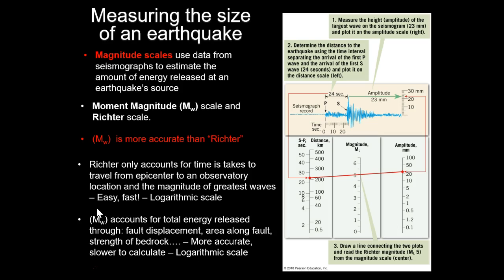Theoretically, the amplitude will decrease with distance from the earthquake. So Richter developed a method in which, if all the equipment was calibrated equally across the world, then the magnitude representing the energy released could be obtained just from the distance from the epicenter and the amplitude of the waves.